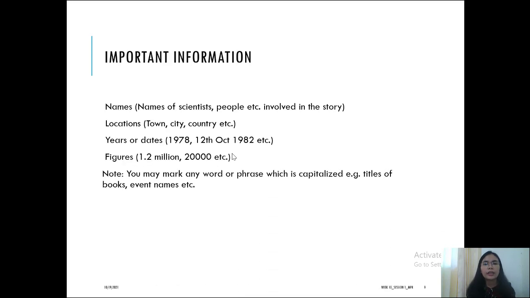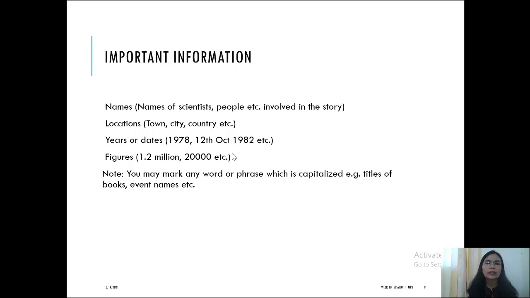So the important information that you can find over here is the names. The names can be names of the people, names of the characters involved in the story, and the names of the location itself, the town, the city, the country, a specific place mentioned, and then it can also talk about the time. So when, the years or dates, or in the afternoon, in the evening.